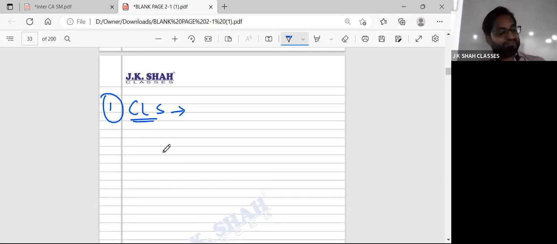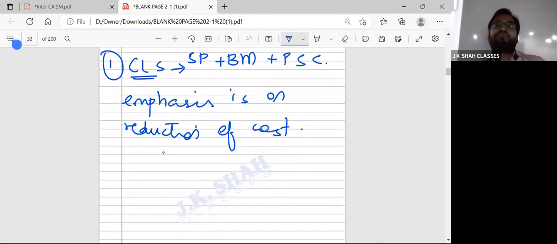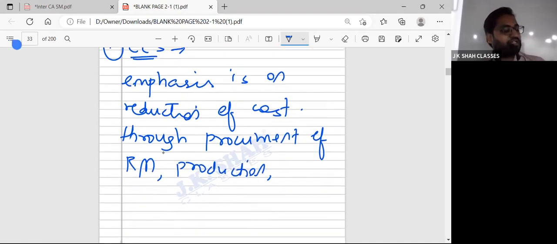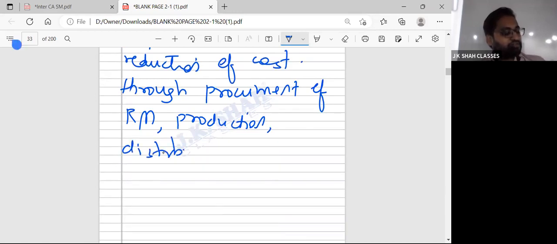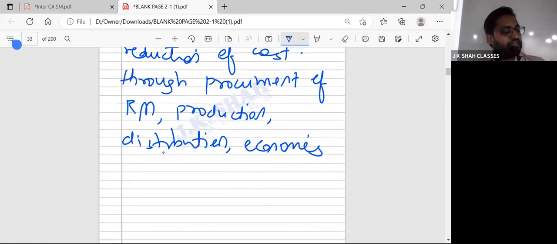What is cost leadership? When the organization sells a standardized product in a broad market to price-sensitive customers, here the emphasis is on reduction of cost through procurement of raw material, production, distribution, economies in overheads.